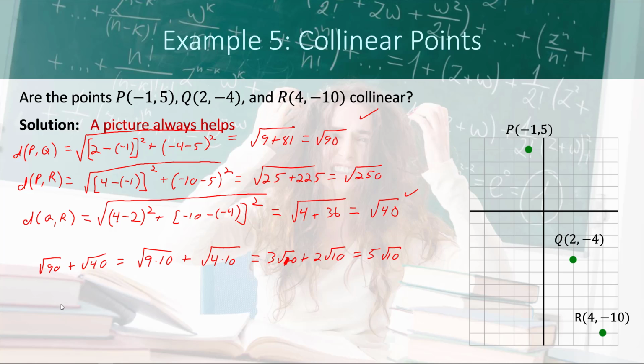And it turns out that the larger distance, which is the square root of 250, we can write that as 25 times 10. And the square root of 25 is 5, so this becomes 5 times the square root of 10. So it turns out that the sum of the two smaller lengths adds to the longer length, so this is indeed collinear.